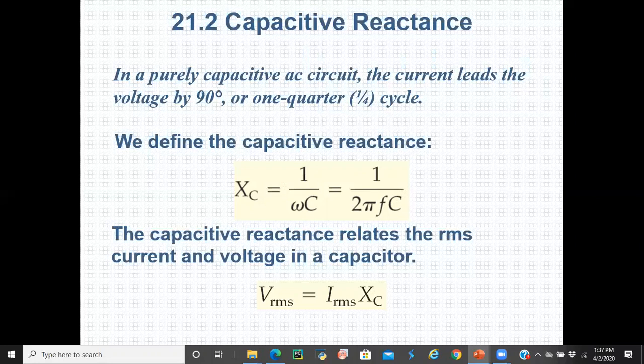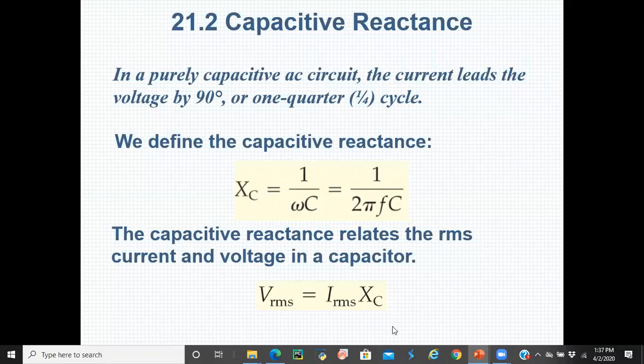Reactance is similar to resistance. In a resistor, we define resistance. Similarly, in a capacitor, the equivalent to resistance is called capacitive reactance. It is the inverse of the product of angular frequency omega and the capacitance.